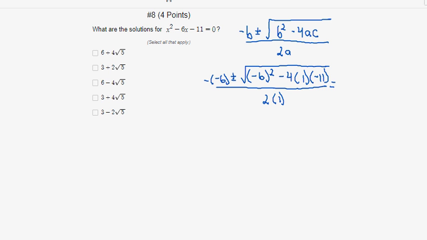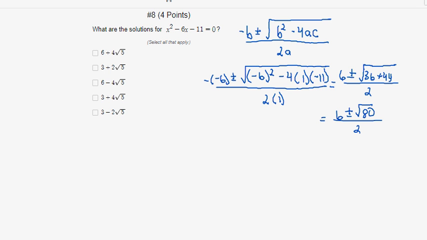So this is going to give us positive 6 plus or minus the square root of 36 plus 44, divided by 2. So we have 6 plus or minus the square root of 80, all that divided by 2.